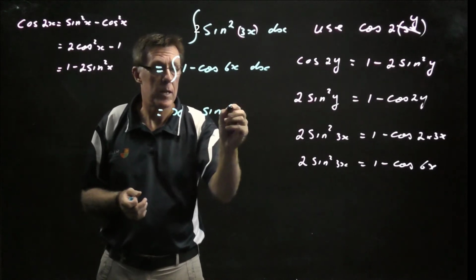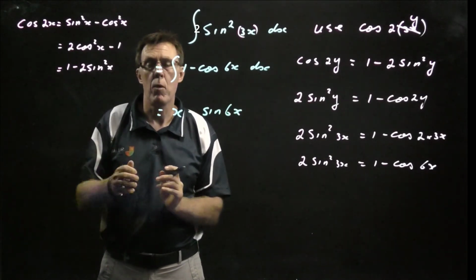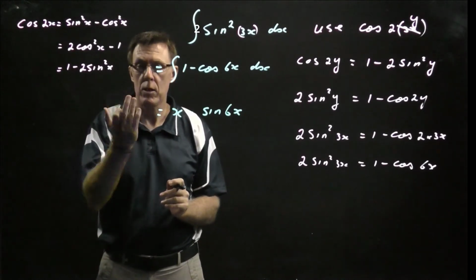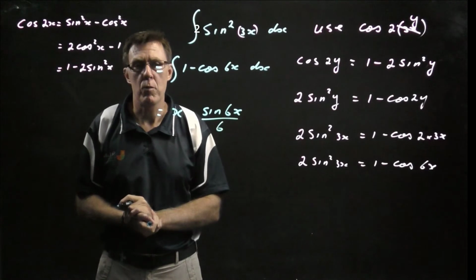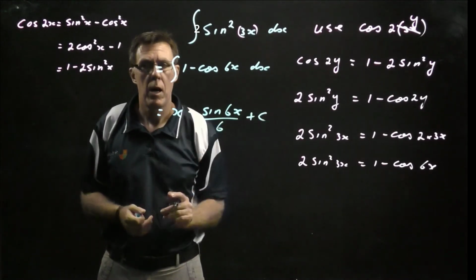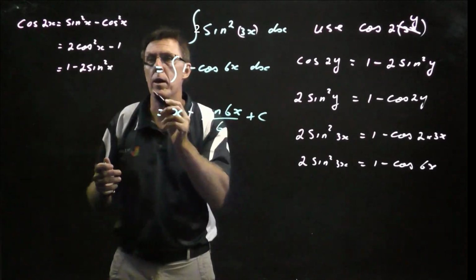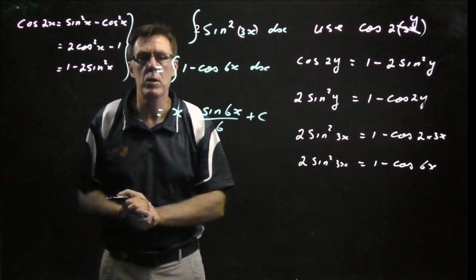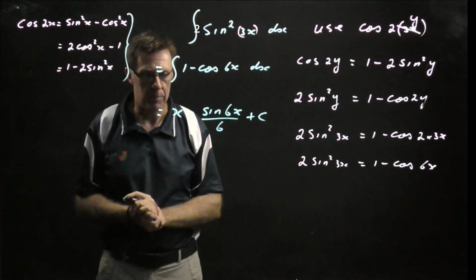The angle will stay the same. Now I know when I differentiate a trig, I've got to multiply through by the differential of the inside function. So I integrate, I have to do the opposite, which is divide through by the differential of the inside function. And of course, plus c. So there's a type of work that you're going to be doing. You'll be able to use these multiple angle formulas to be able to do more complex integrations like this.